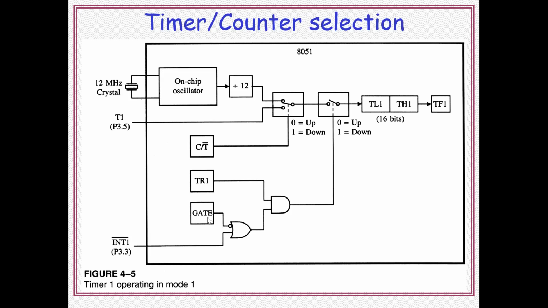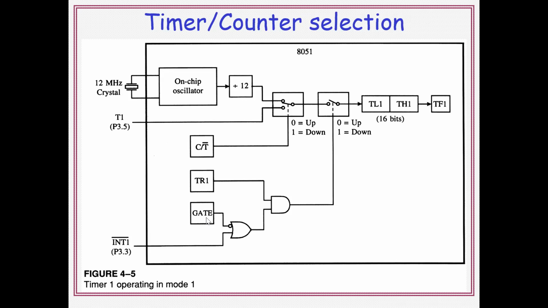If the gate signal equals 0, then its complement, the NOT operation, gives 1 at this input. If it is internal, there is no problem, and it depends only on TR0 or TR1. If that equals 1, then the timer or counter will be started.